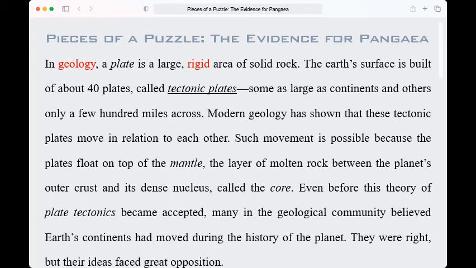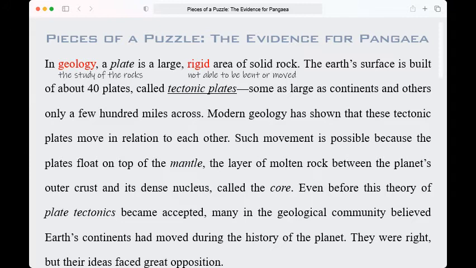Pieces of a puzzle. The evidence for PANGAEA. So the title tells us that we're going to read some of the evidence that was brought forth to explain this mysterious land called PANGAEA. In geology, a plate is a large rigid area of solid rock.